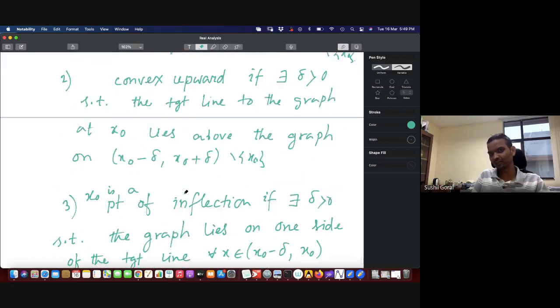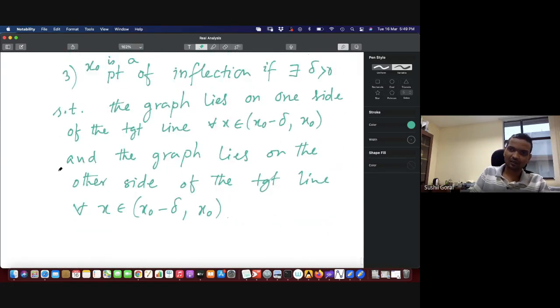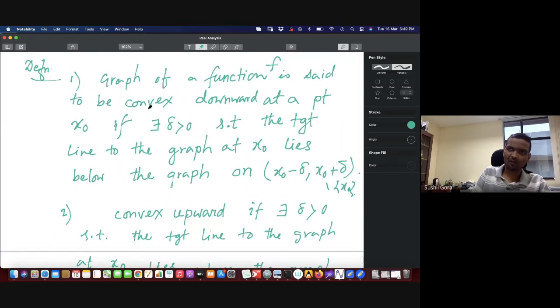So these are three concepts. In fact, I can tell you one more concept which actually comes from this one.